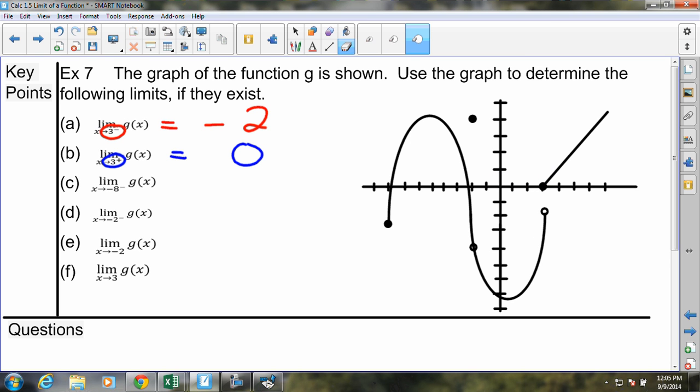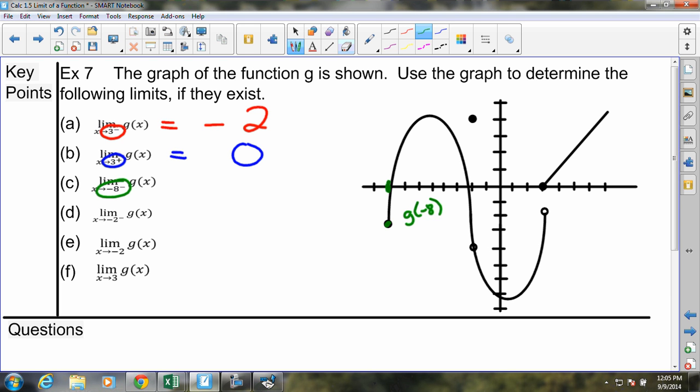I do appreciate it. Okay, part C, the limit of g of x as x approaches -8 from the left. Well, we have 1, 2, 3, 4, 5, 6, 7. Here is -8. And so this is our point for g of -8.